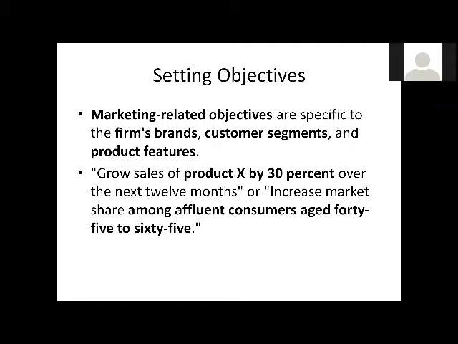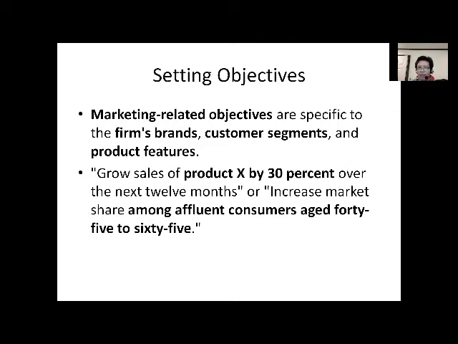Grow sales of product X by 30% over the next 12 months, or increase market share among affluent consumers aged 45 to 65. Okay. So earlier in the marketing objectives, it was just grow sales. But now it's very specific. Product X by how many percent? By 30%.